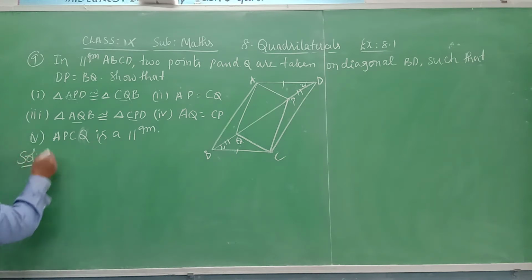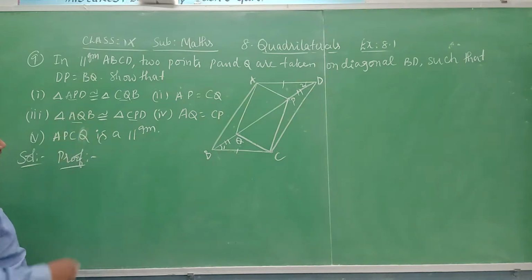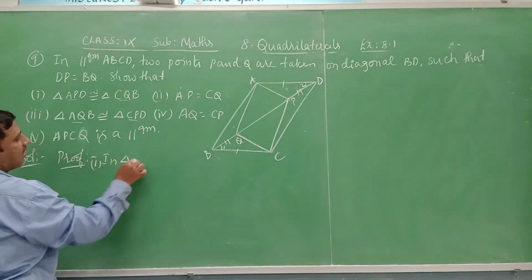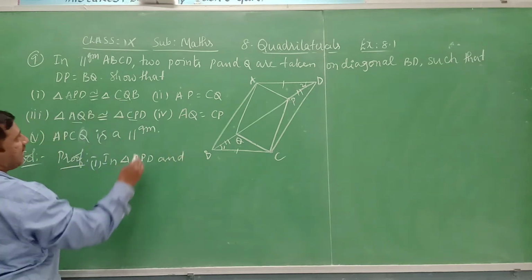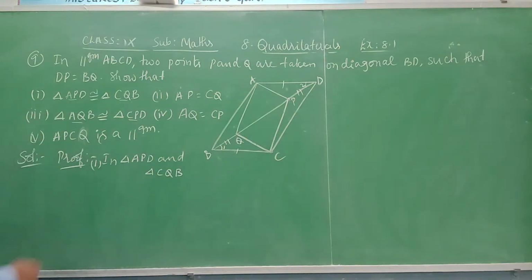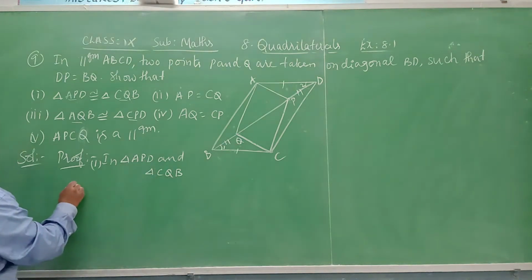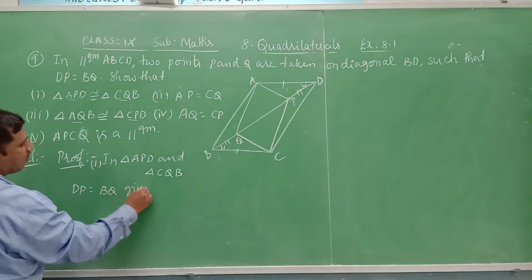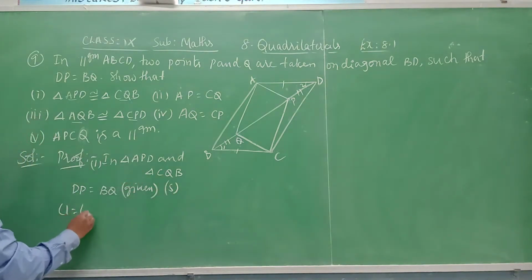So here, directly we go for the proof. In triangle ABD and triangle CQB, it is given DP is equal to BQ. Side, and angle 1 is equal to angle 2.